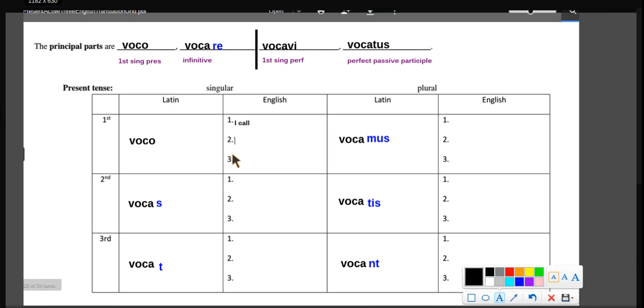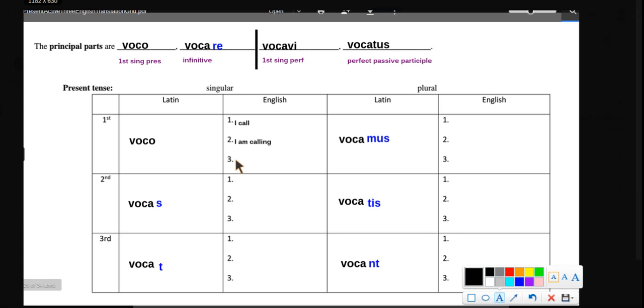Latin usually does not use helping verbs. They will use infixes and tense markers, and we will come to that. So you can also translate voco as I am calling, or I do call. So any of those three translations would be a possible translation for voco.